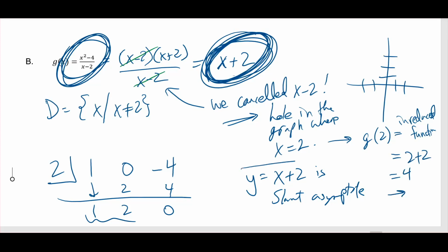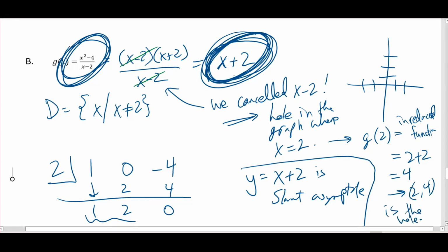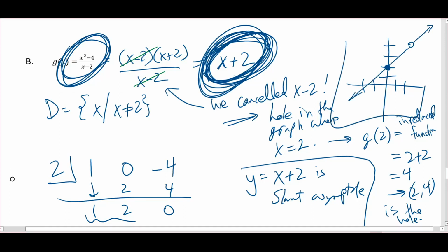So that tells us that 2 comma 4 is the hole. So drawing this, the function x plus 2 has y-intercept 0, 2. And we know that at the point 2, 4, there's a hole. But everywhere else, it's going to look like that line. And we're going to call it a slant asymptote as well. So here's the beautiful graph, and it's got a hole in it.